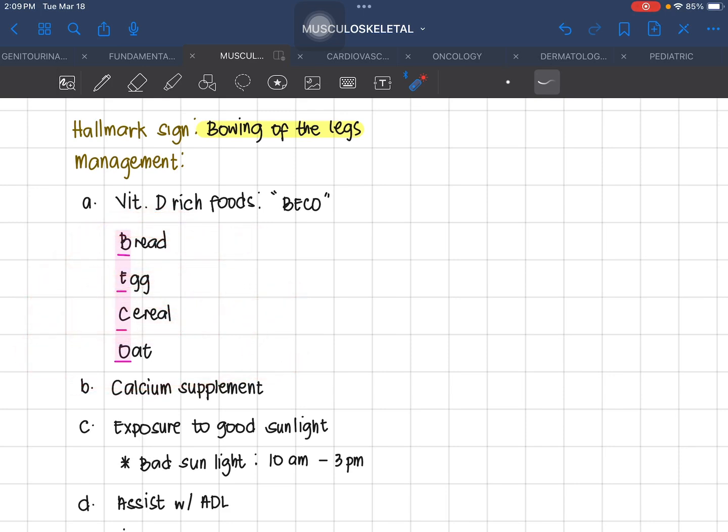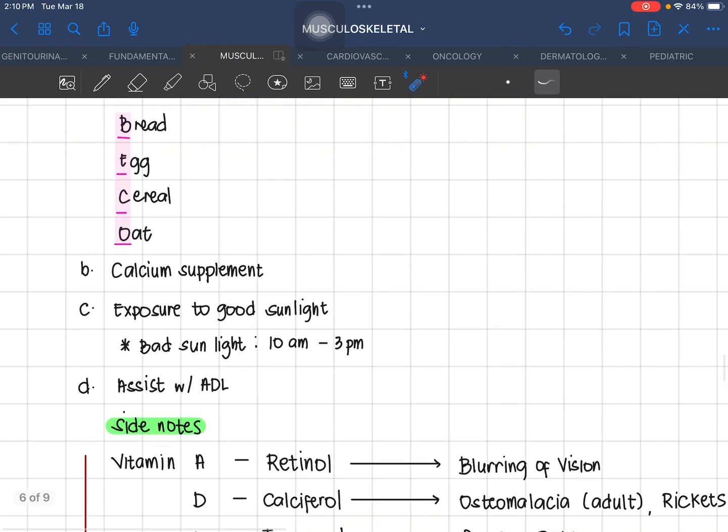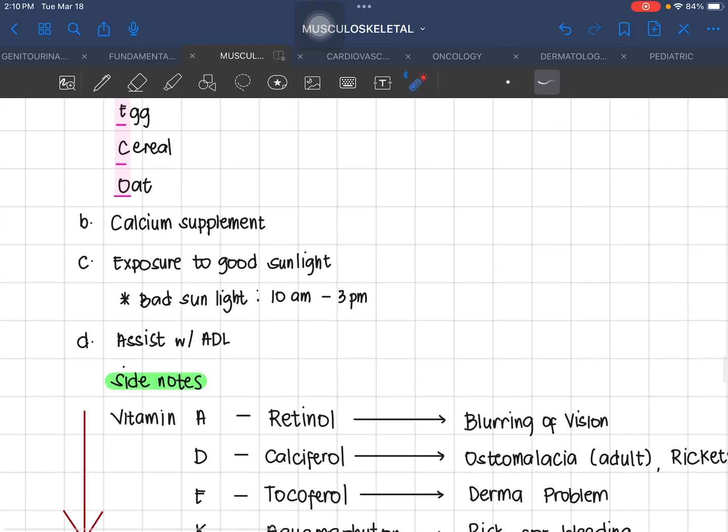Ang meron tayong BECO as word na pwede natin tandaan kumbaga maka-help siya para mapataas yung vitamin D mo kasi may vitamin D deficiency nga tayo sa osteomalacia. So, yung mga food na yan ay bread, egg, cereal, and oat. Yan yung mga vitamin D rich foods natin.